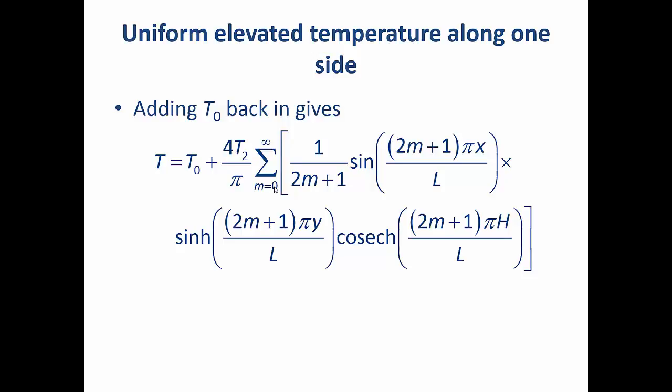So we now have 1 divided by 2m plus 1, sine of (2m plus 1) pi x over L, times sinh of (2m plus 1) pi y over L, times cosh of (2m plus 1) pi h over L. And that is actually our formal temperature distribution for the case where the top edge has an elevated uniform temperature, which is different from the uniform temperatures along the other edges.